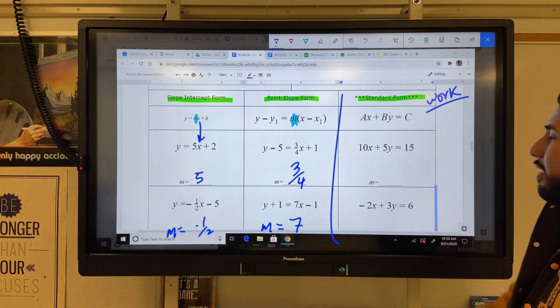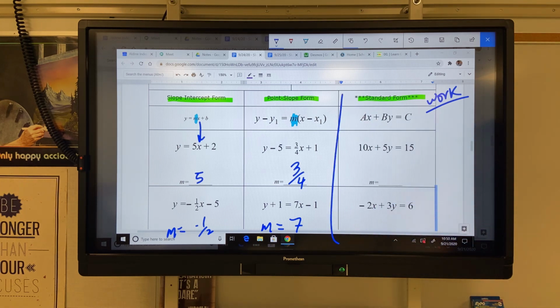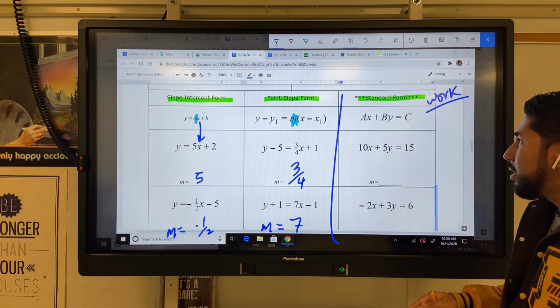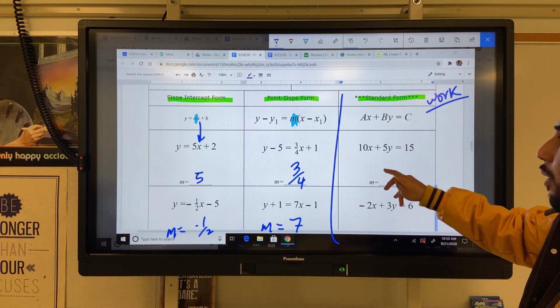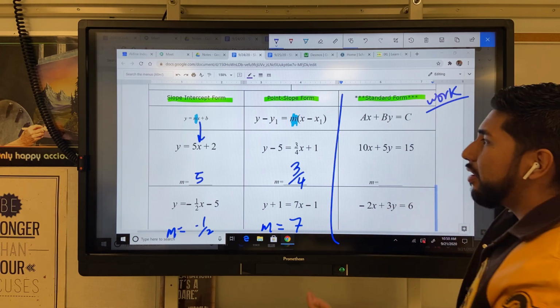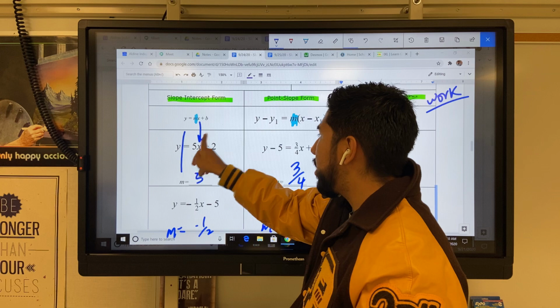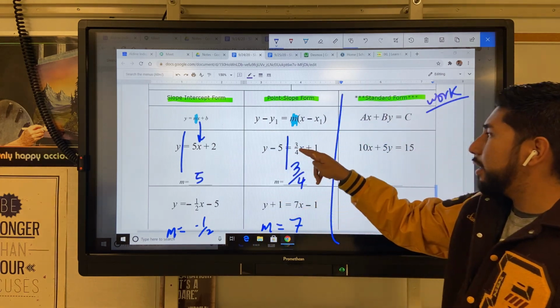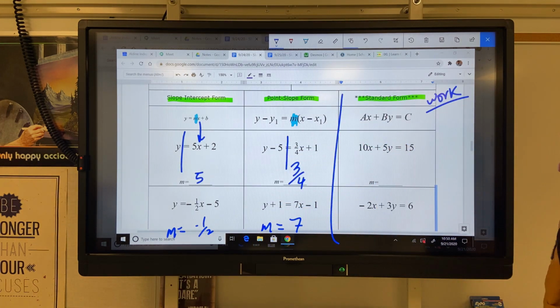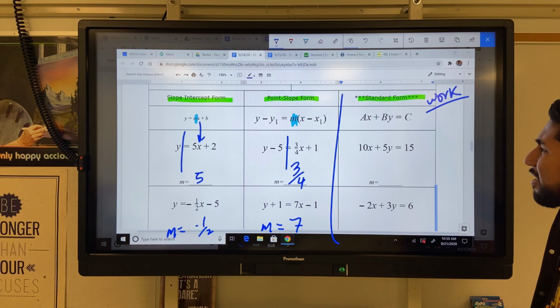Over here, it's not that simple because I have my x and my y on the same side. In the other forms, the x and the y are on opposite sides. Over here, we have the x and the y together.